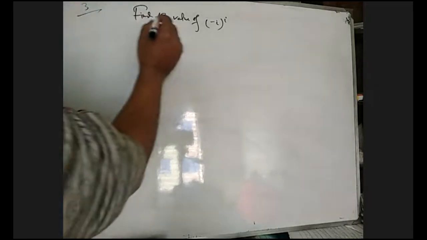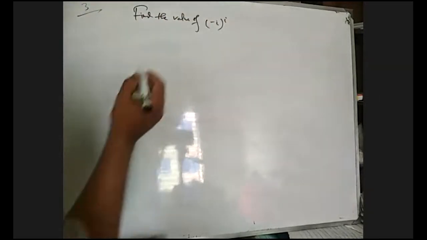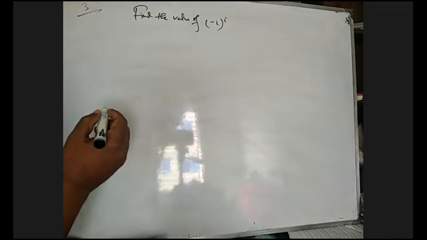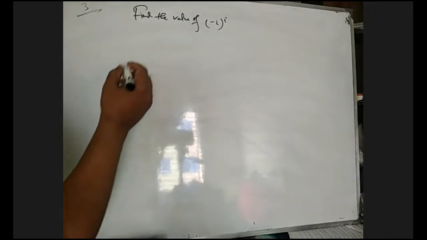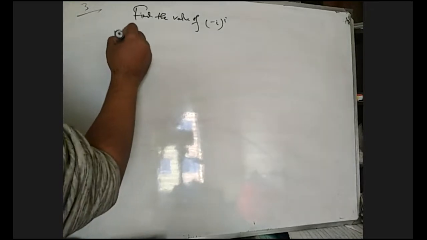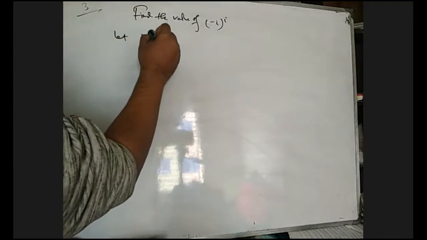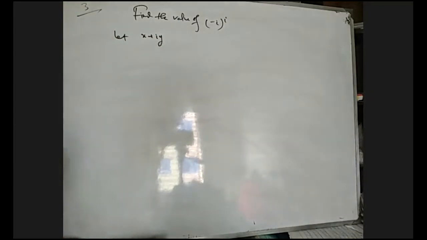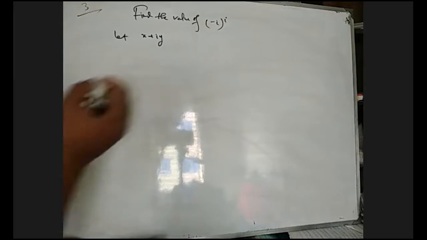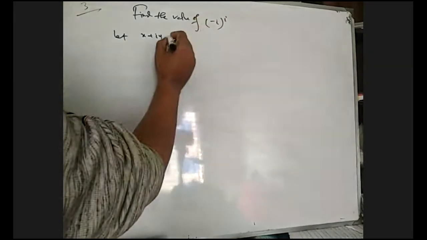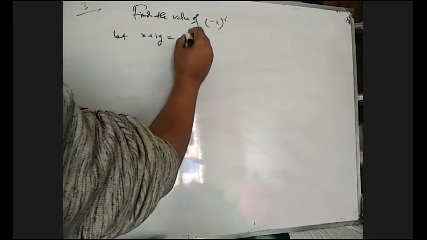Number 3, find the value of minus i to the power i. Here i is the imaginary number. Now let x plus iy, a complex number, equal minus i to the power i.